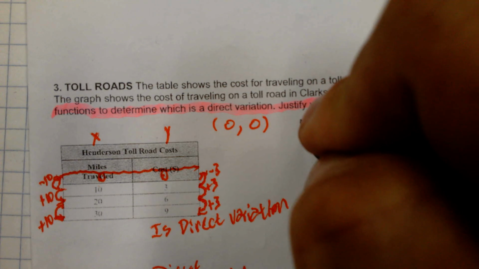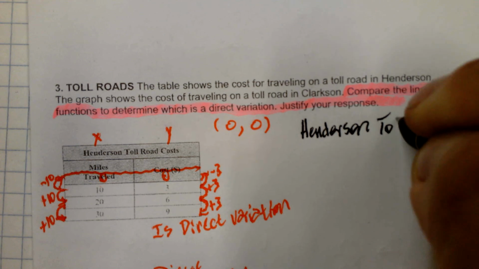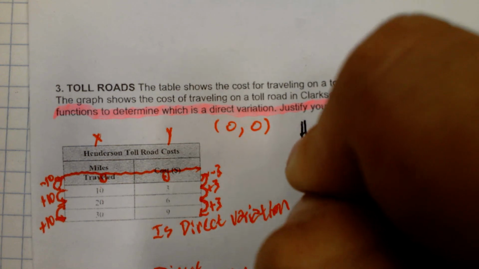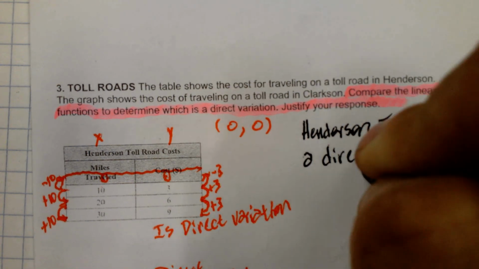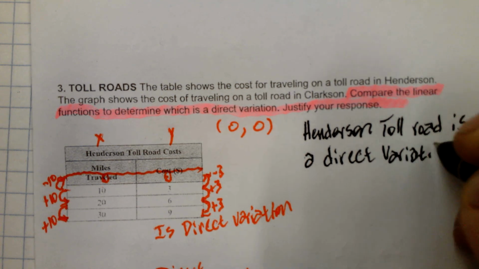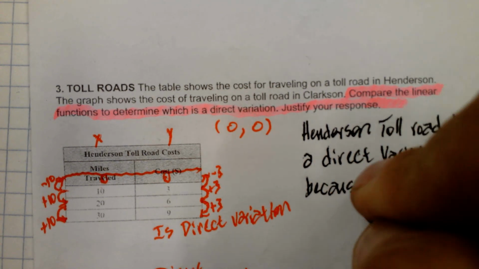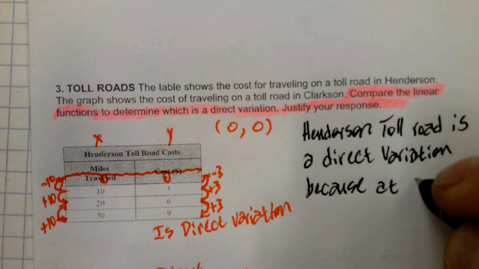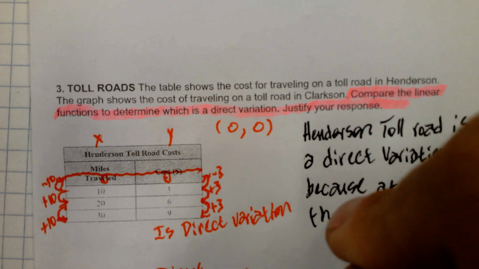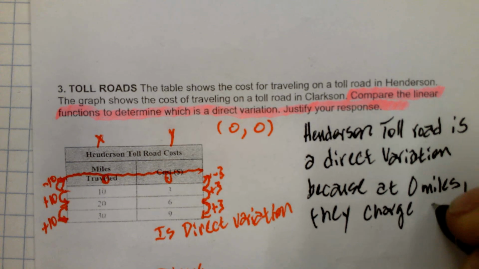So Henderson Toll Road is a direct variation because at 0 miles, comma, they charge $0.